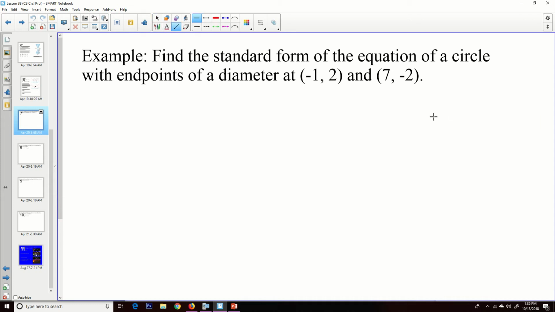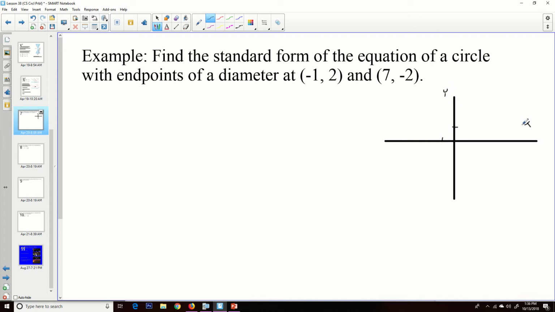All right, so let's just real quickly get an idea of what we've got here. This is my y-axis, this is my x-axis. If I say it's (-1, 2), I've got this point right here. And then I have (7, -2).